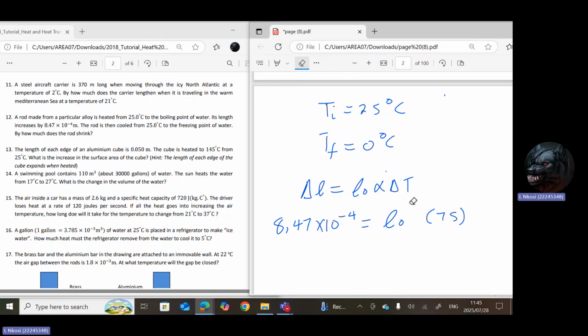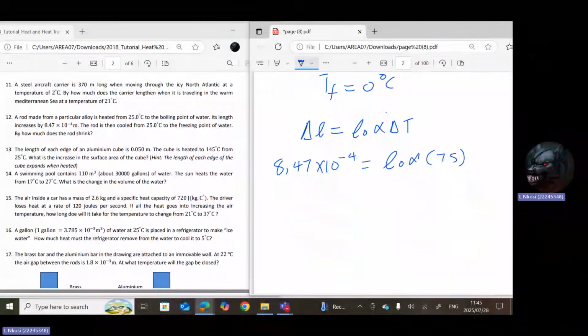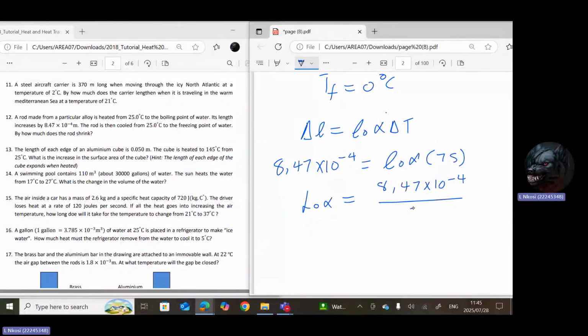So you can figure out that L0 alpha is equal to 8.47 times 10 to the minus 4 over 75.